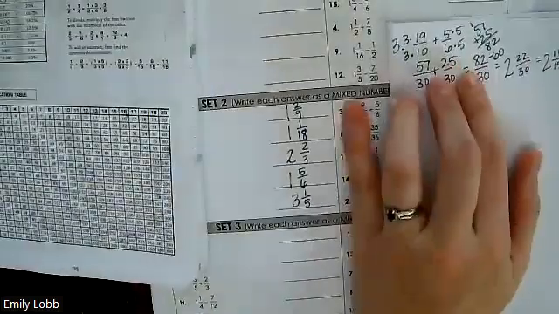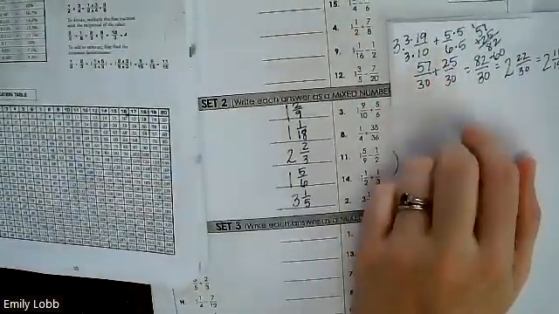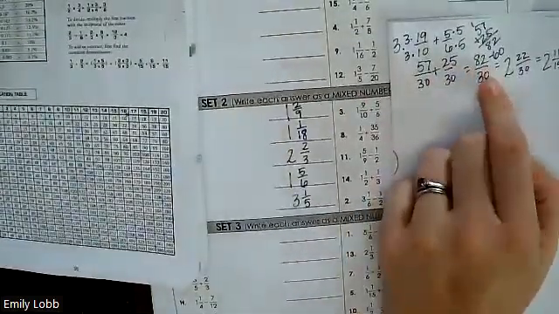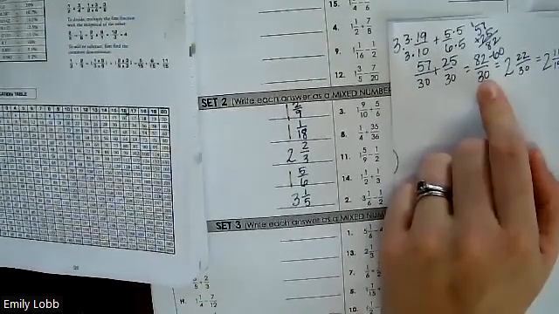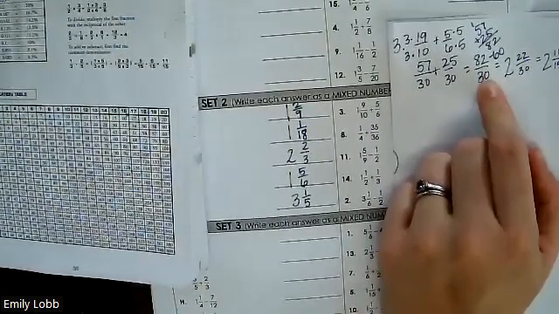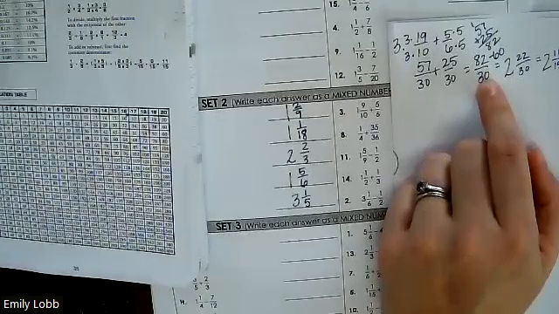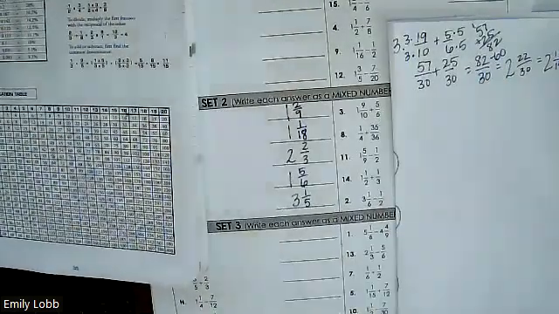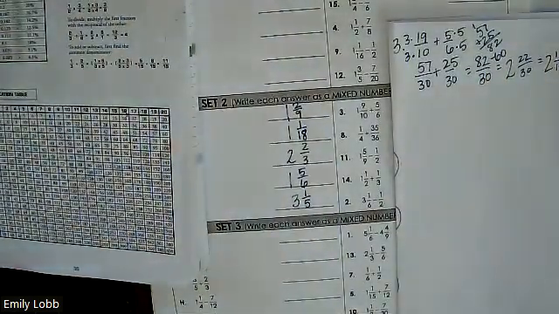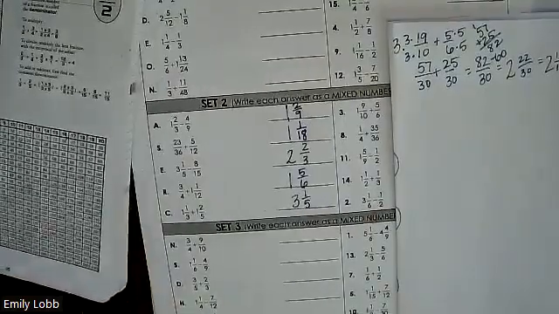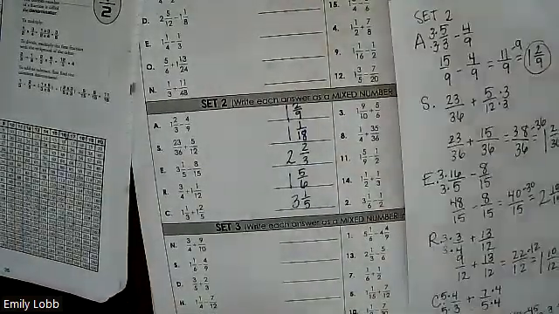I don't know what I did. 82/30th. Yeah, maybe we got one of the letters wrong. Maybe we got E wrong.